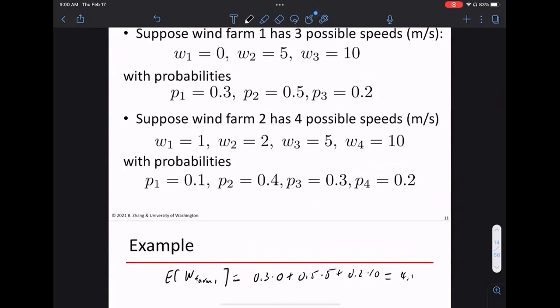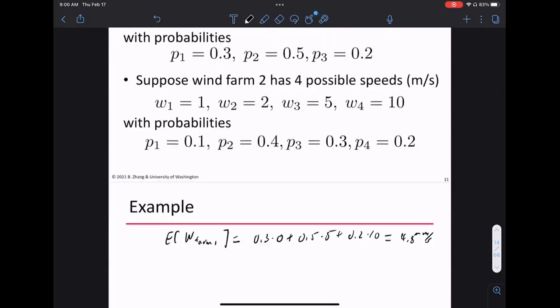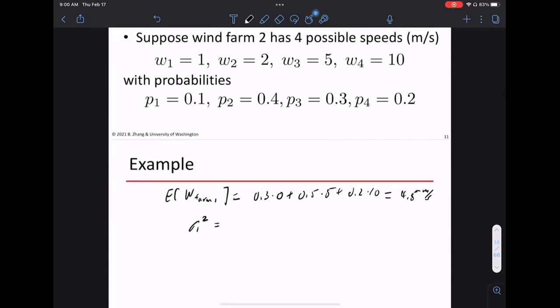We get 4.5 meters per second. Then we can compute the variance, sigma 1 squared: 0.3 times (0 minus 4.5) squared, plus 0.5 times (5 minus 4.5) squared, plus 0.2 times (10 minus 4.5) squared.